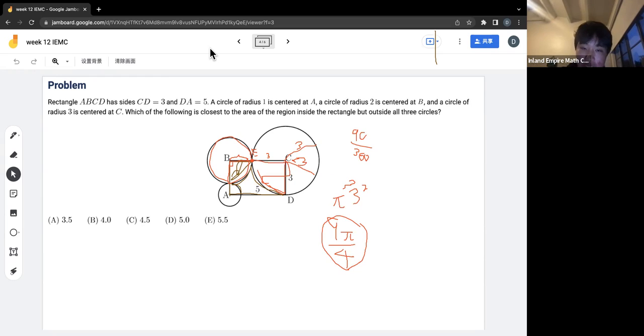And since we know that EC is 3, another property of rectangles is that the opposite sides of a rectangle are the same length. So for example, we know that AD is the same as BC, and CD is the same as AB. So because we know that, we know that BC is also equal to 5.